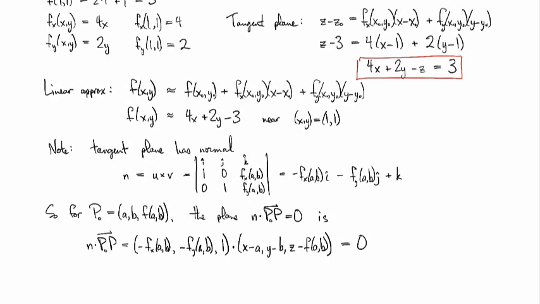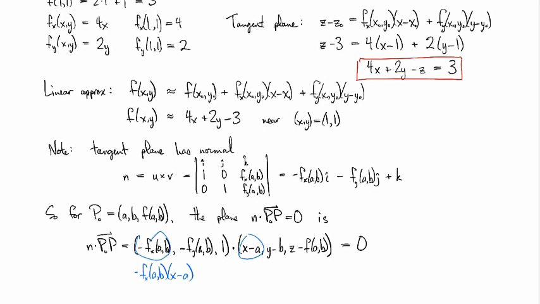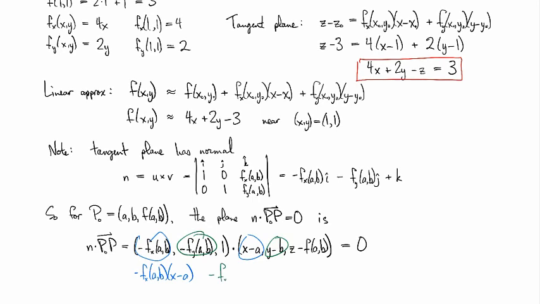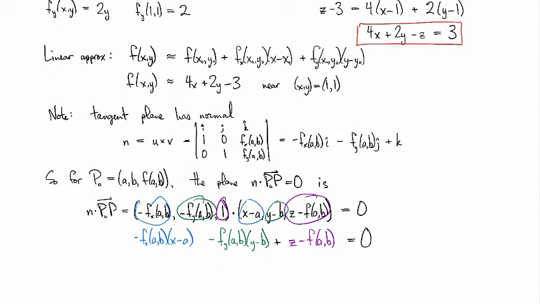So if we work out the dot product there, multiplying together the first coordinates, we have negative the x derivative at this point times x minus a, and then from the second coordinates we have negative the y derivative times y minus b, and then from the third coordinates we have z minus f of a, b, and then we add all these up, and these are still equal to 0 as was on the other side.